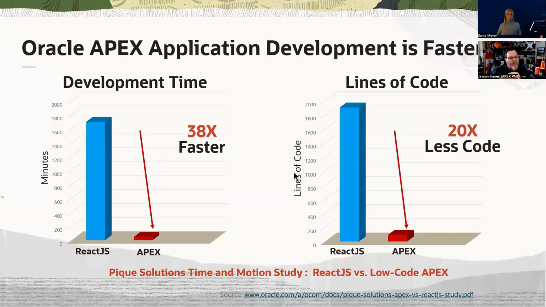There's an organization called Peak Solutions. They were approached and we decided that we wanted to have them do a time and motion study to compare a popular JavaScript framework platform called React. React was going to be used up against low-code Apex to build an application that had a long list of features.